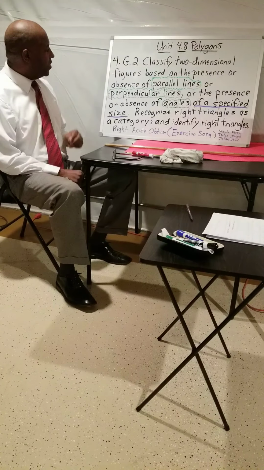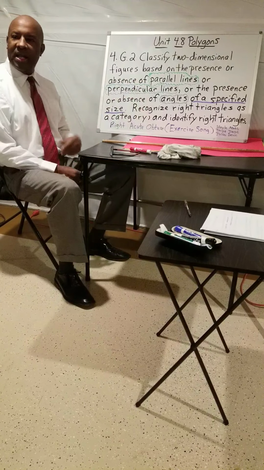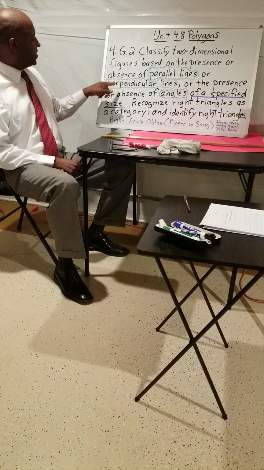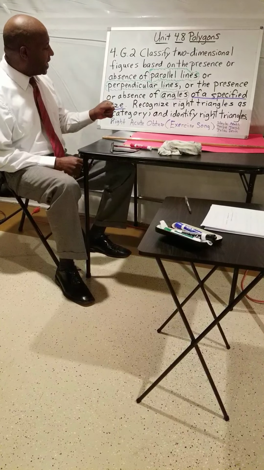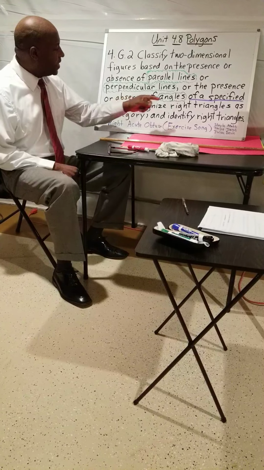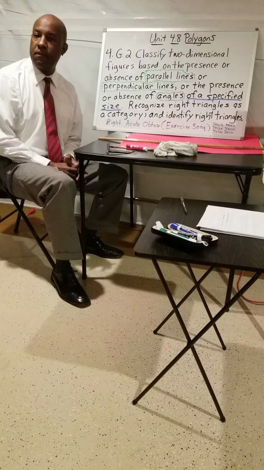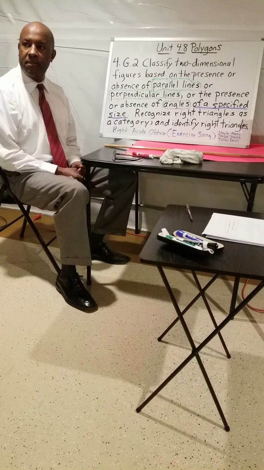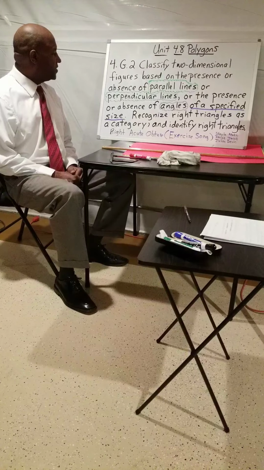Somebody came in here, I don't know who did it in our class, but somebody circled parallel lines as of importance. Somebody circled perpendicular lines, and then somebody circled angles, and they underlined, of a specified size. Okay? And of course, we know why we annotated these parts of the standard, because this is what's going to hopefully drive our instruction today.